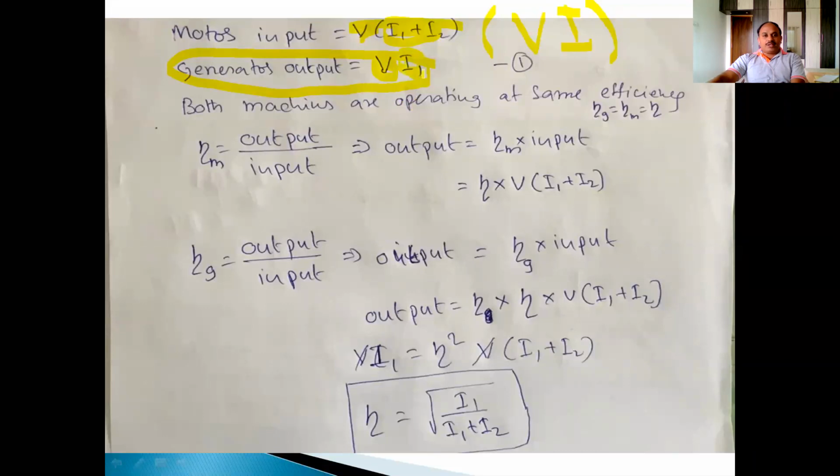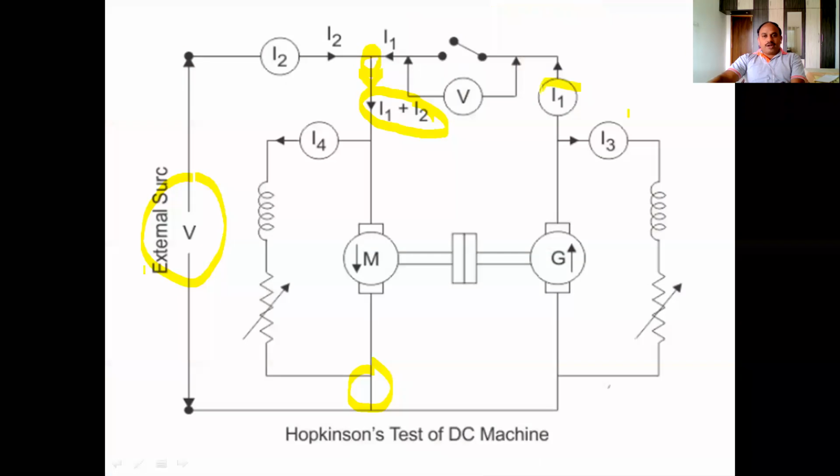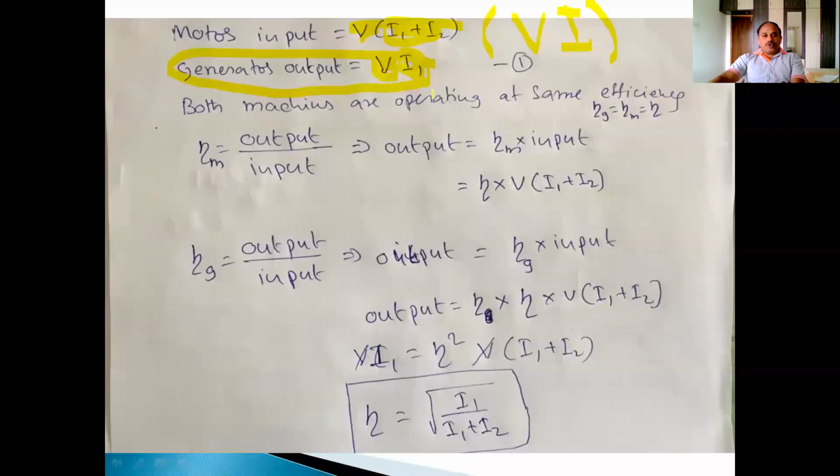Once this switch is closed, the generator is connected in parallel with the motor, so the voltage is the same for motor, generator and external source. So V I1 is the power output from the generator, and the power input to the motor equals V into I1 plus I2.